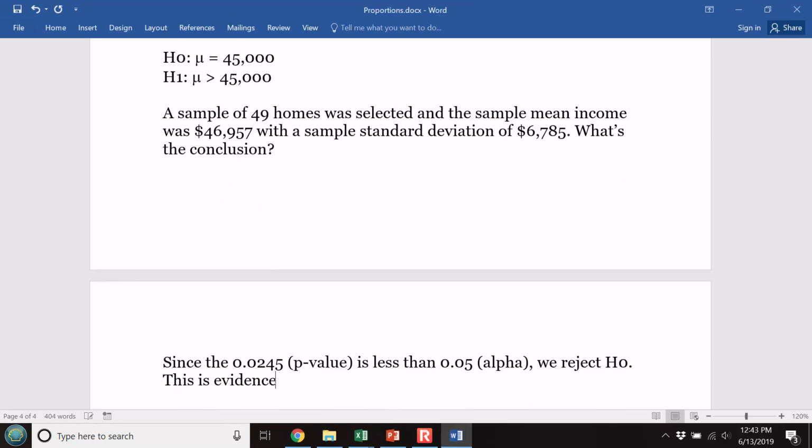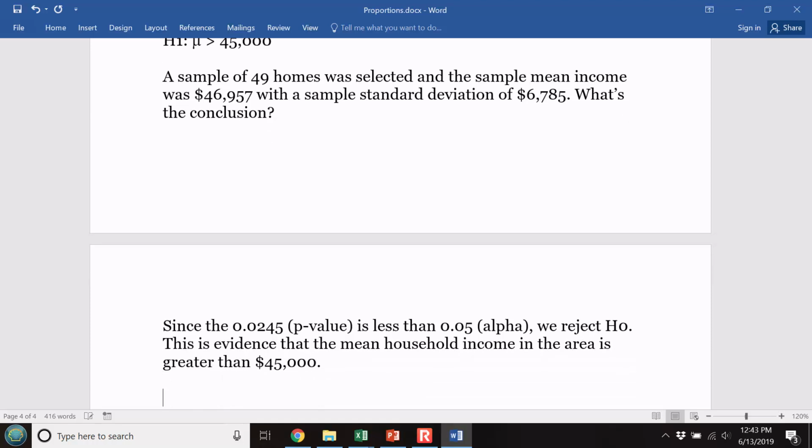This is evidence that the mean household income in the area is greater than $45,000. At a practical level, what this means is we will build the shopping center.